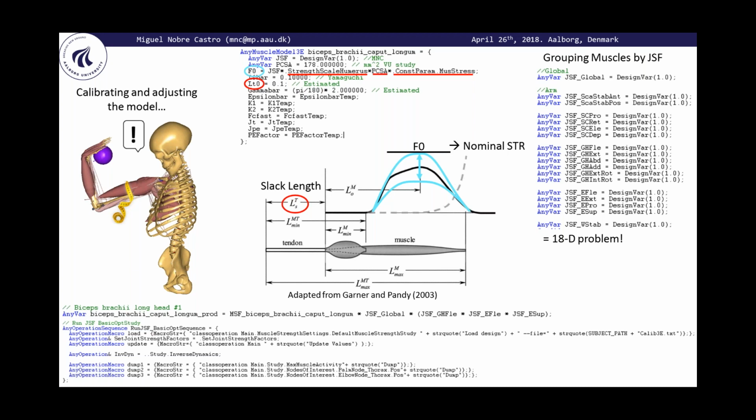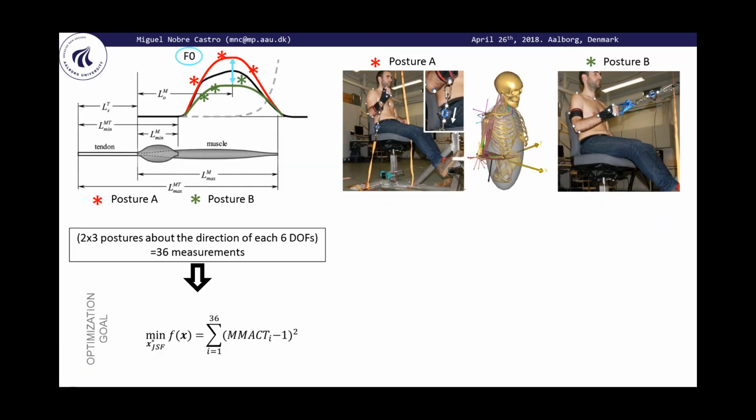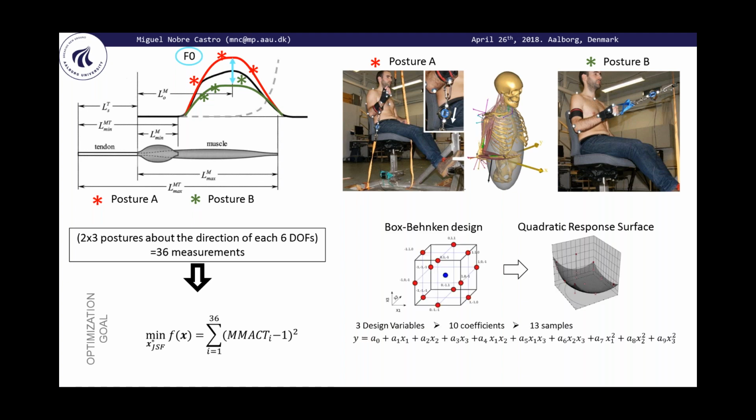And so, using this procedure, what we were aiming at in our optimization problem was to define a problem that will try to use those 36 strength measurements we performed in the lab using the dynamometer.